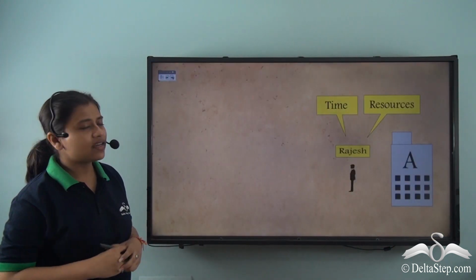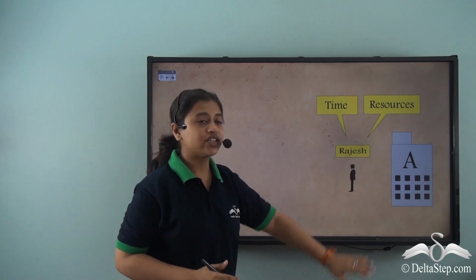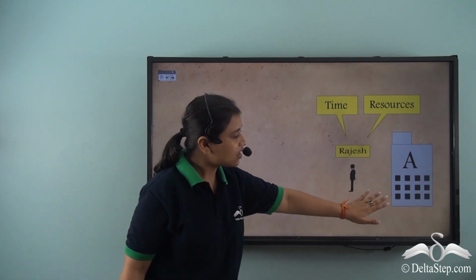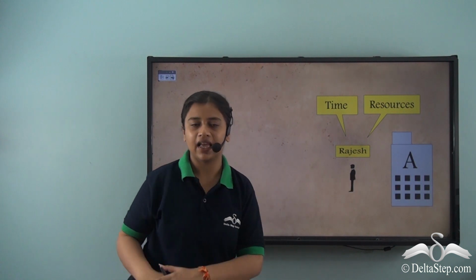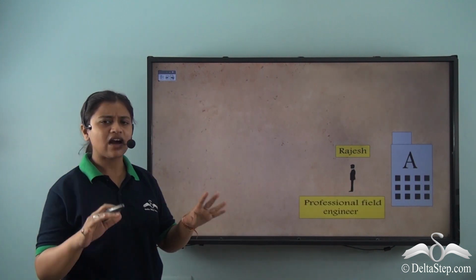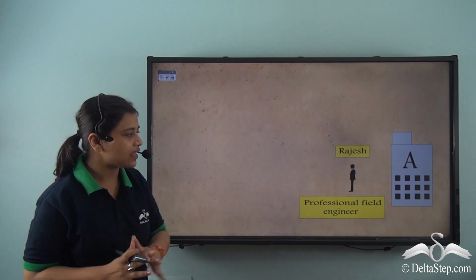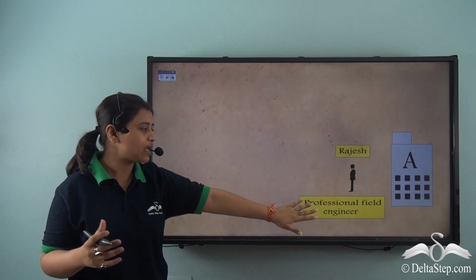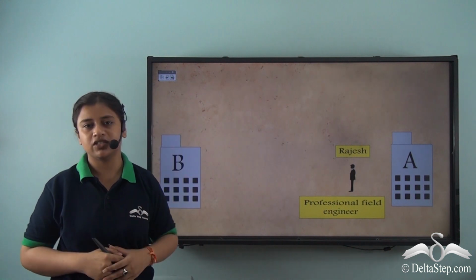Now let us see another example. So Rajesh is a potential able worker and he has gone for a job in company A. Now company A spends enough time on training this person and imparts the necessary skills to make him a professional field engineer, right?